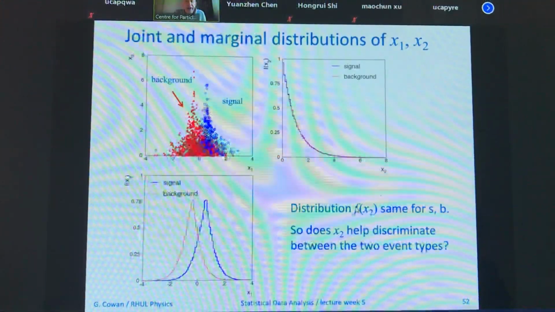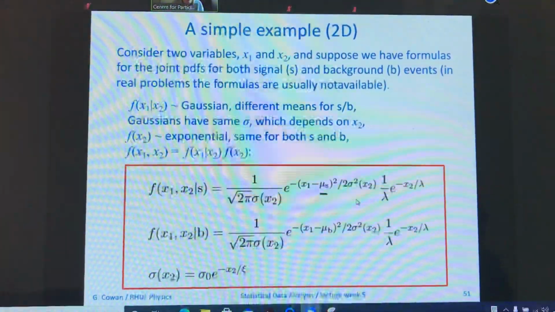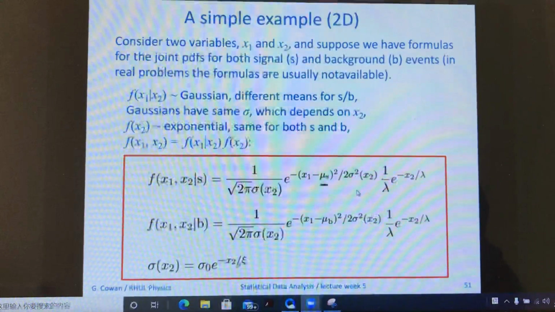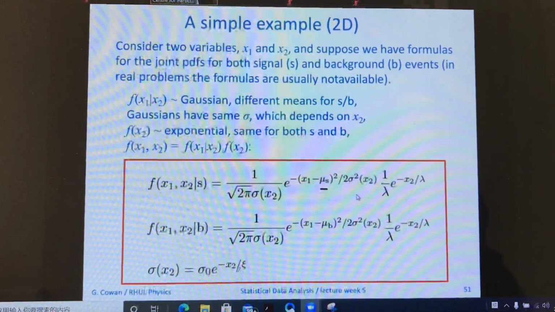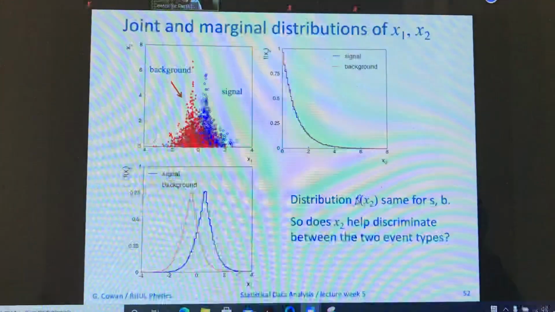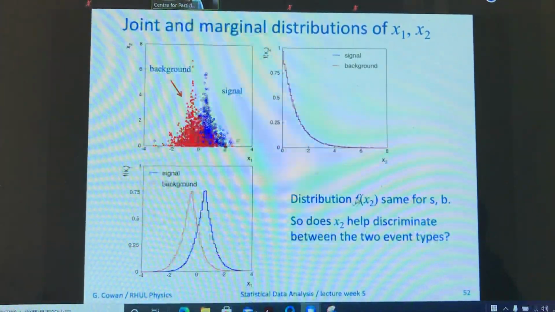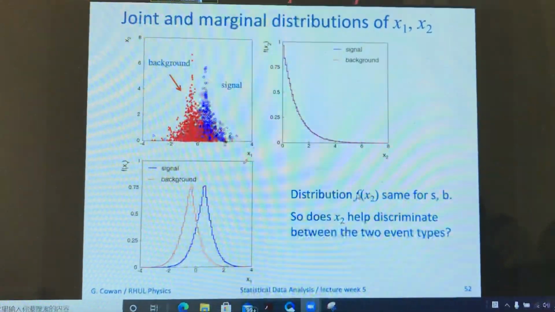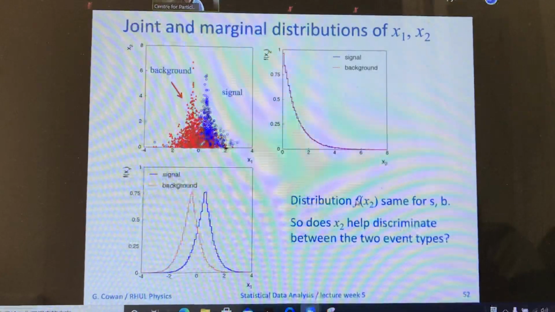If I go back, you can see the formula for the standard deviation as it depends on x2: it gets smaller as x2 gets large. So it's as if that sigma represents a measurement error or a measurement resolution. You get good resolution when x2 comes out high, and you get bad resolution when x2 comes out low. Resolution for your measurement of x1. So that's what the scatter plot looks like.